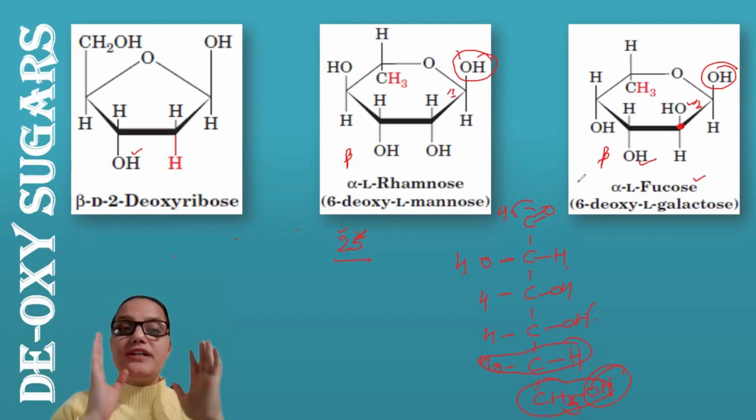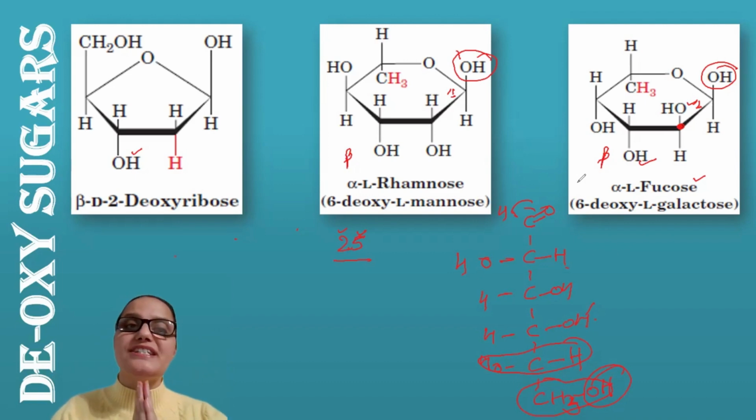So you need to keep the things related to D forms in your mind because they are the monosaccharides which are found in nature, right? L forms are rare, so don't get confused with them. You should know that everything opposite of the D form is true for the L form, but still you need to concentrate on the D forms.